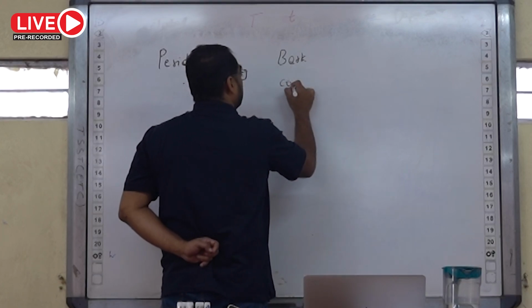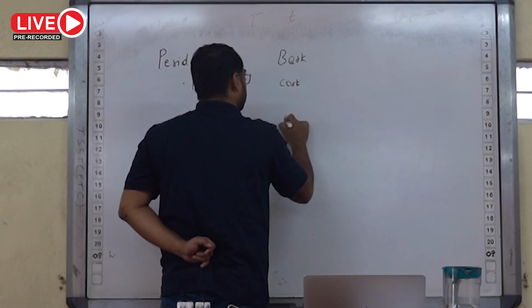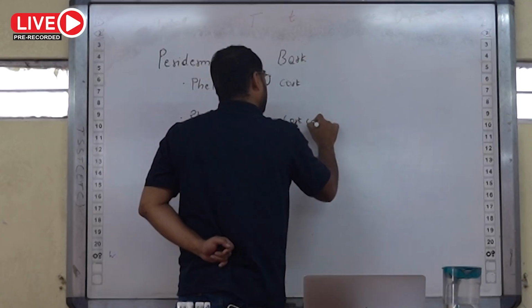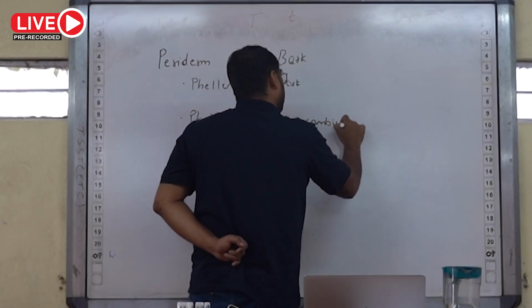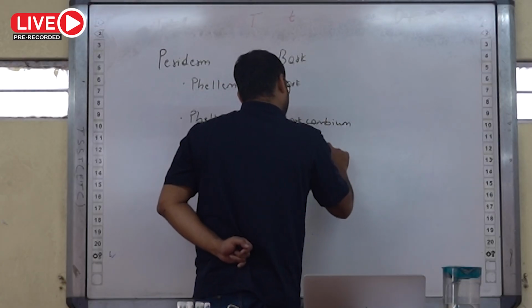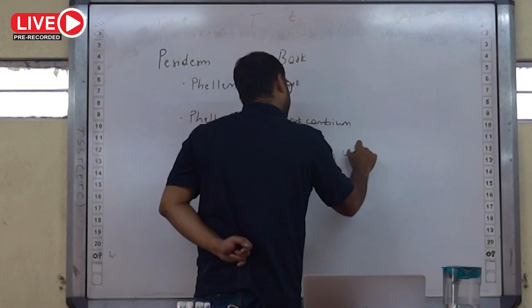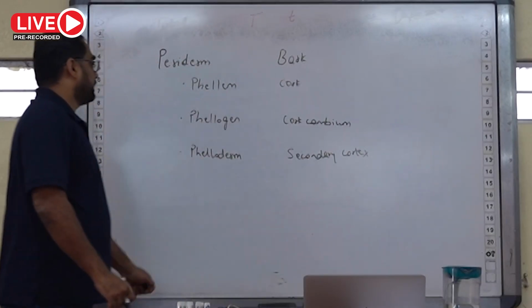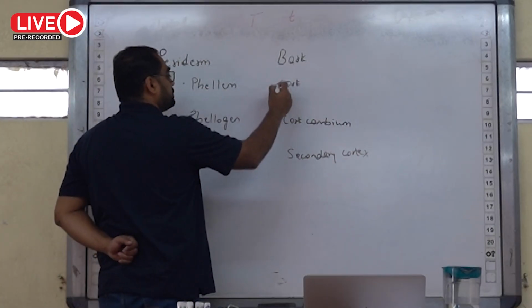Phellem is cork. This is cork, cork cambium, secondary cortex. That's all. Equivalent terms.